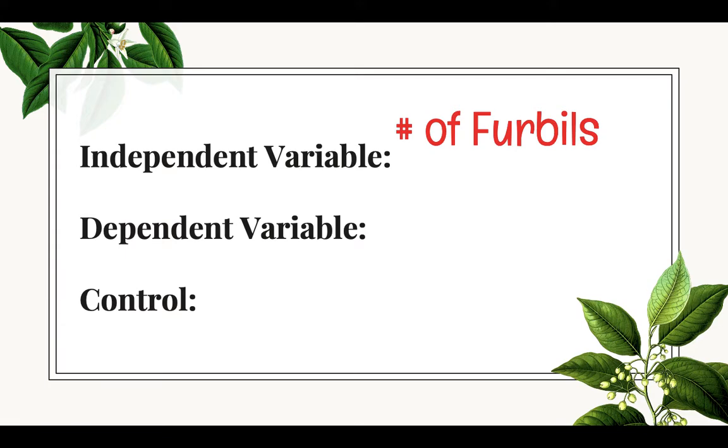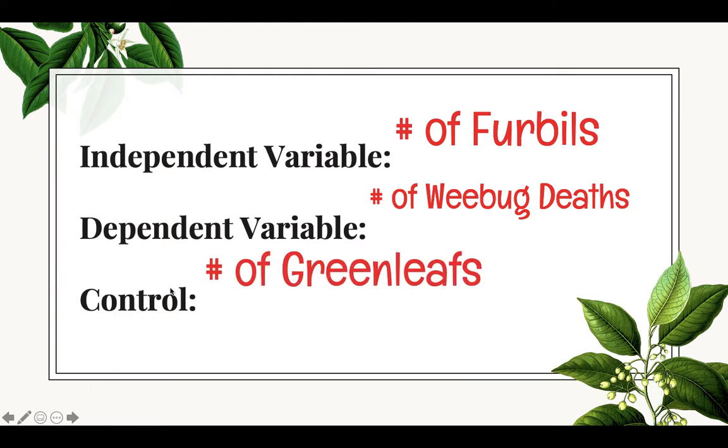So the fewer furbles that exist, the fewer wee bugs will be eaten and die. Our dependent variable will be the number of wee bug deaths. So we're going to guess that the number of wee bug deaths is tied directly to the number of furbles present. And the control group that we'll use will be the number of green leaves. We'll leave that number alone. So the only thing that will be changing is the number of predators, and we will see what the effect of that is on wee bug deaths.